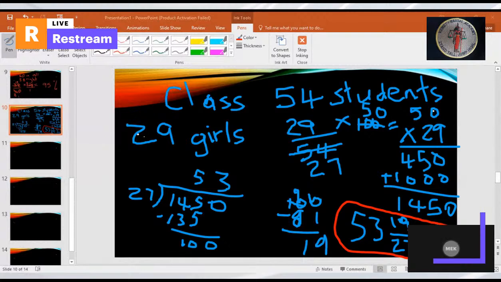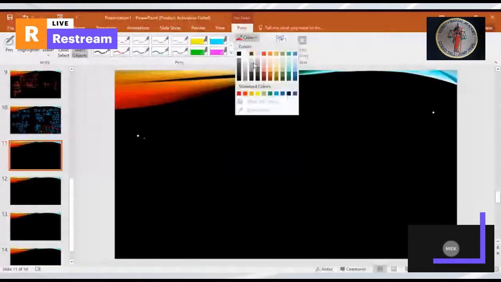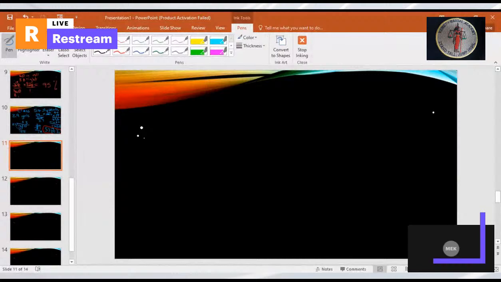So let's go on now to percentage profit and loss. When you're talking about a profit, what you're really saying is you're making extra money, or you're getting something more than what you invested. So businesses are there to make profit.